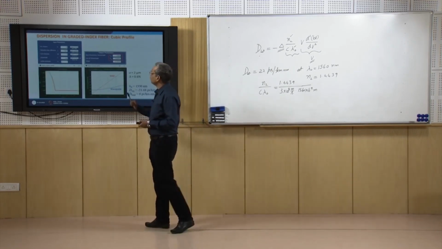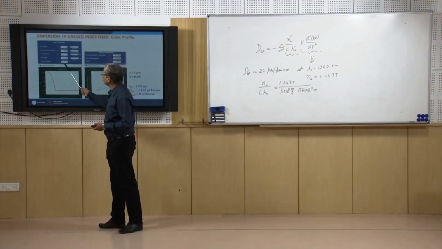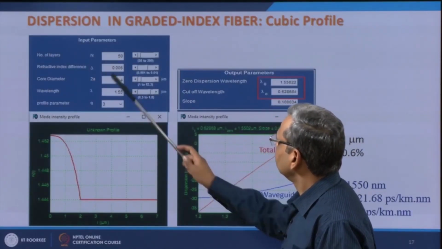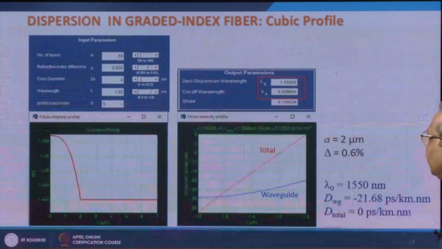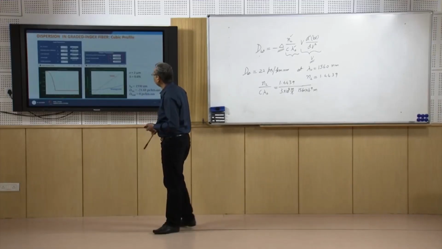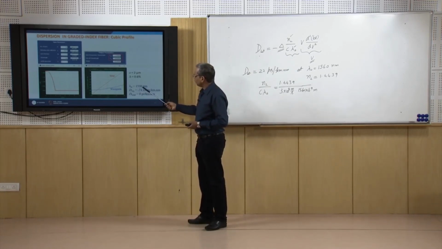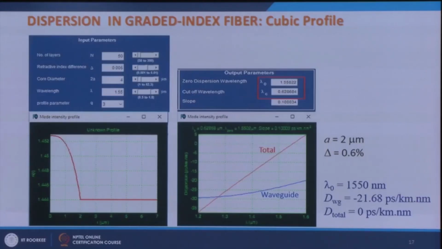This is a cubic profile, which corresponds to q equal to 3. Delta here is 0.6%, while the core radius is 2 micrometer, and at lambda naught equal to 1550 nanometer, the waveguide dispersion is minus 21.68 picoseconds per kilometer nanometer, and total dispersion is very close to 0.